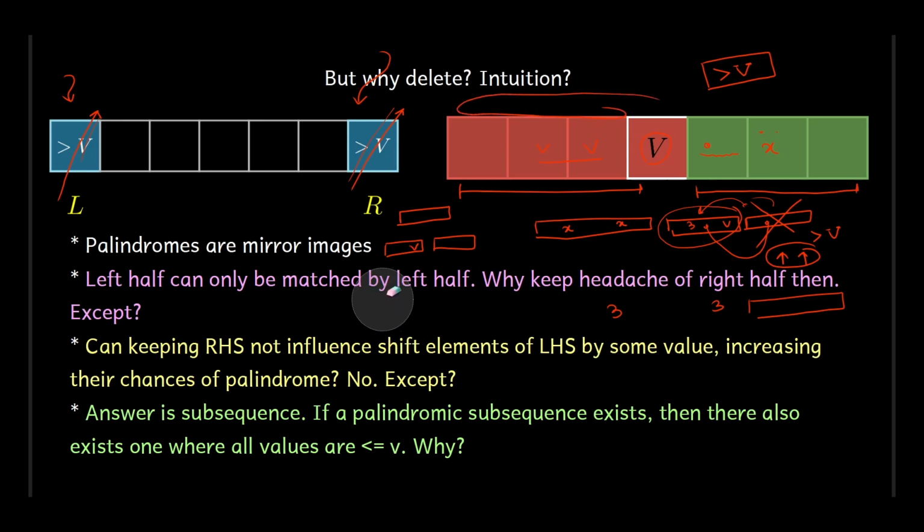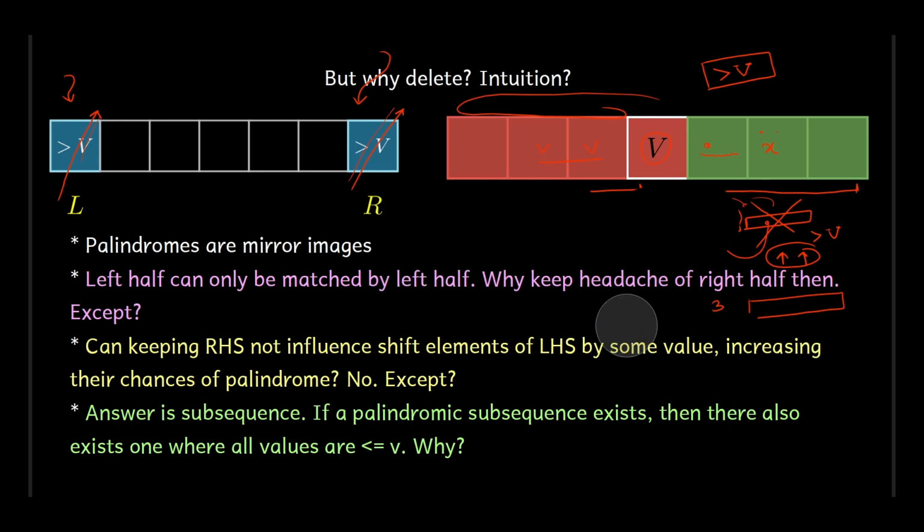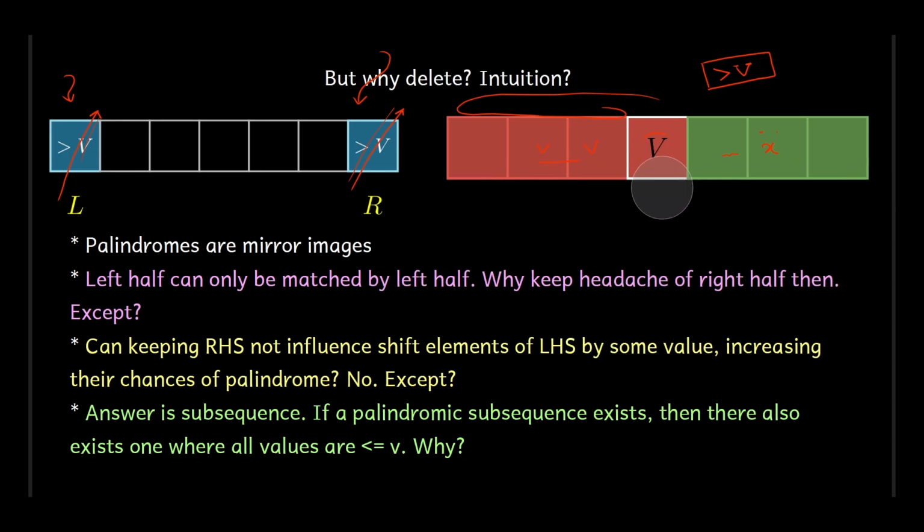Now, one thing that you might wonder is, if we greedily delete all the elements from the right half which are not equal to V, will it not create any issues with the ordering? Like, let's say you had 3, 3, 1, 2, 3, or let's say you have 2, and let's say you have 1 over here.